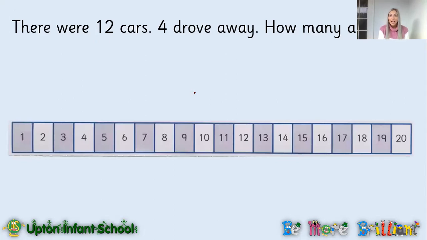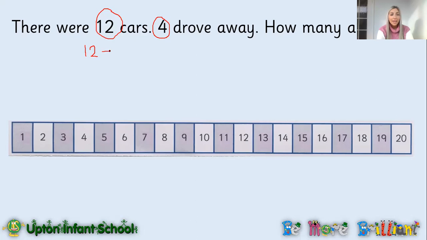So you can see a subtraction story which says there were 12 cars. 4 drove away. How many are left? So I'm going to circle my first number. There were 12 cars. 4 of them drove away.